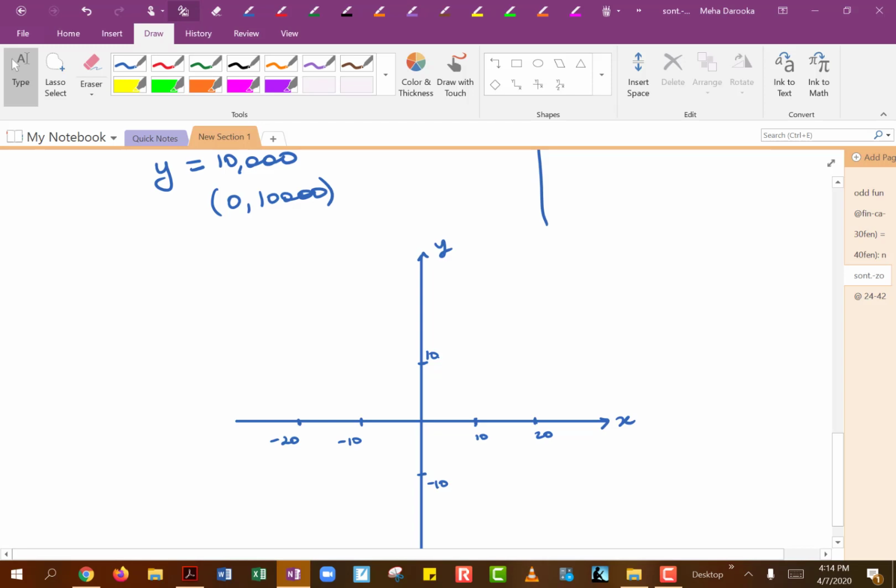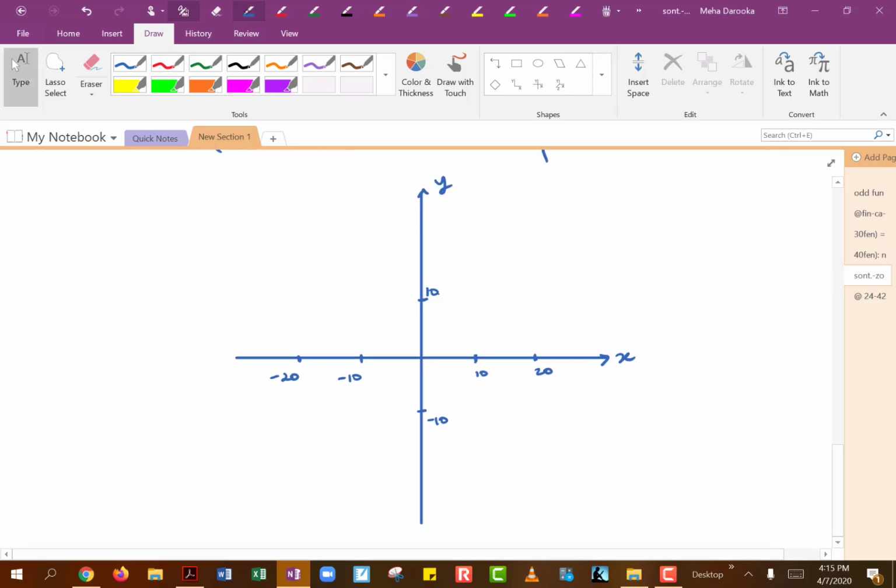And I actually wanted to make another note here because these are not going to be the same scale on the x and y values. So your x is actually going to be in tens, so it's 10, 20, 30, something like that, right? But our y, because I want to make sure I can show you what the graph looks like, is actually going to be in thousands, which means this positive and negative 10 that you are seeing on the y-axis is actually going to be positive 10,000 and negative 10,000.